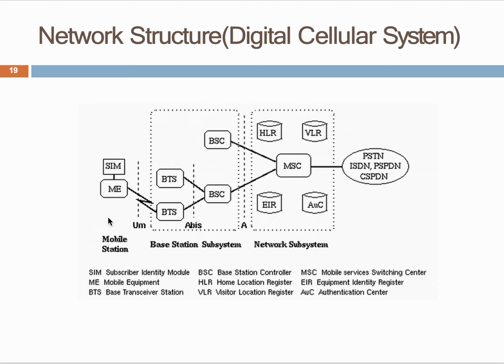Now, if a person initiates a call, then initially a setup channel is assigned to that particular mobile unit, and the information carried by the setup channel is the number dialed, that is, whichever subscriber we dial, and the information of the calling subscriber.